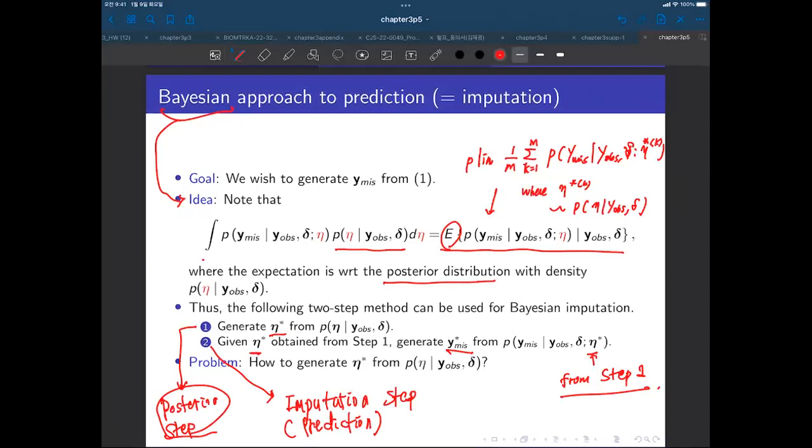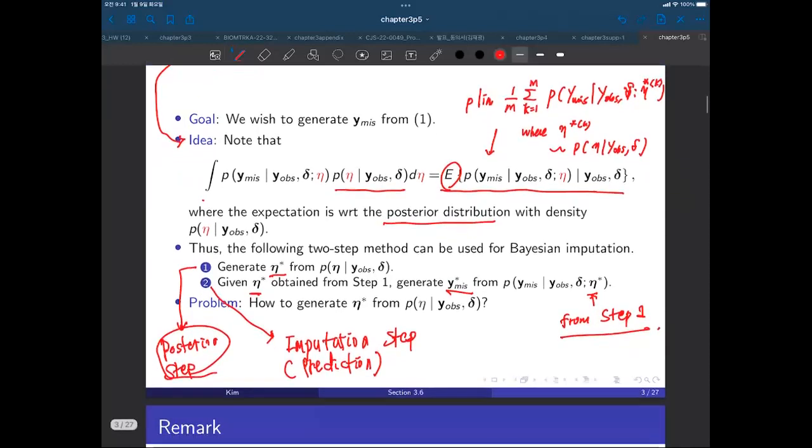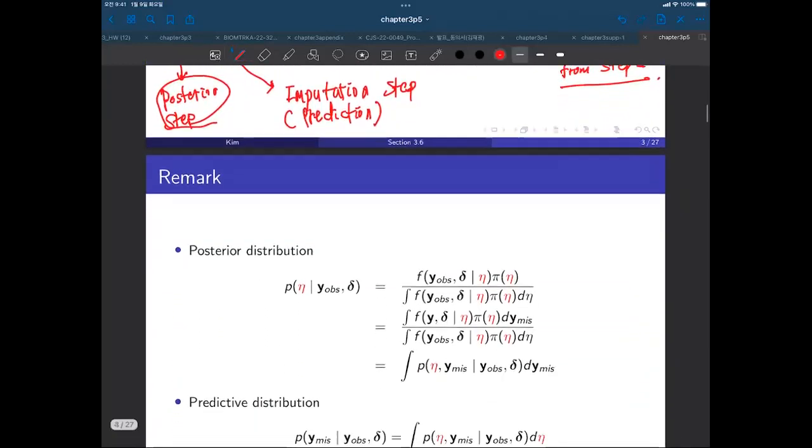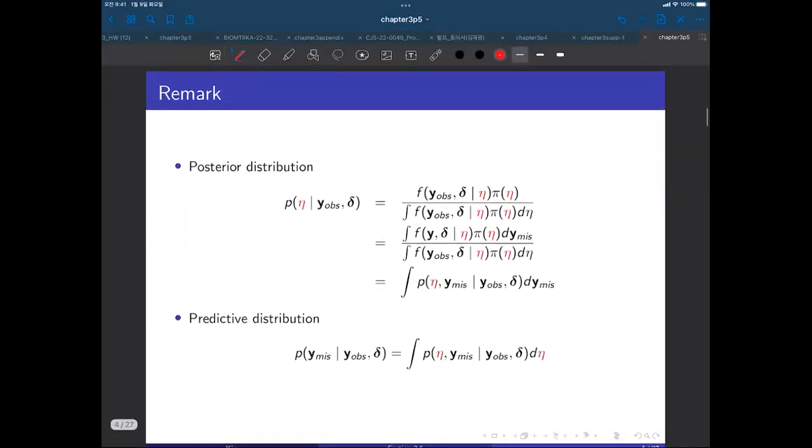So let's move on to how to do the posterior step. The posterior distribution is this one. Remember, the posterior is a prior times likelihood, right?